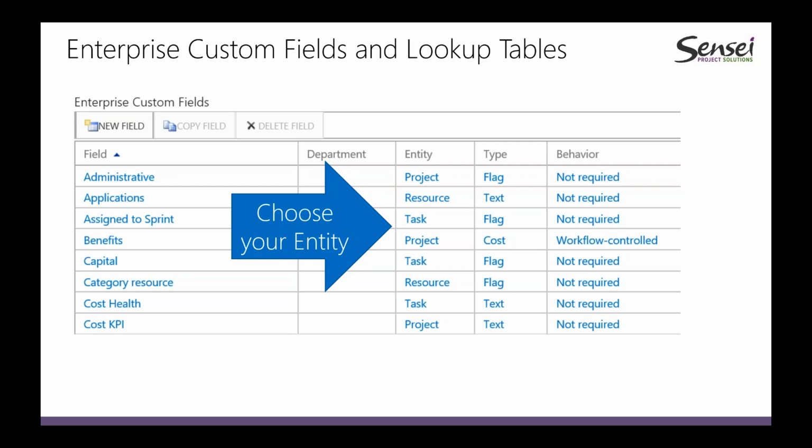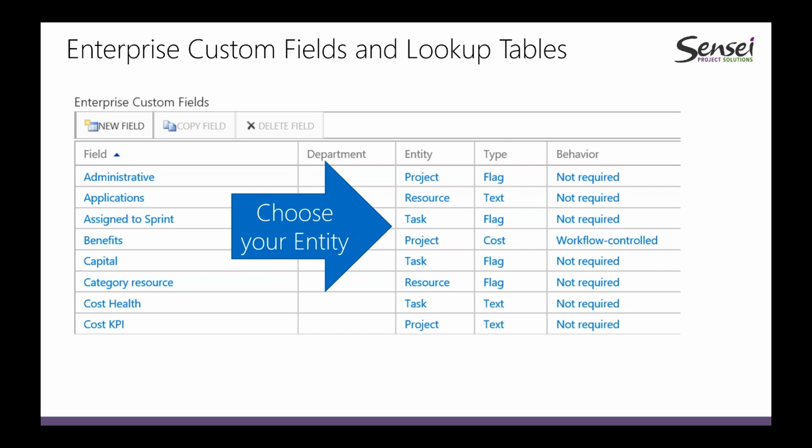So it might be you've got particular phase definitions. You might want to distinguish between capital and operating costs. You may want to mark particular projects as administrative. And so you have the ability to build these custom fields, and you have to associate them with an entity.